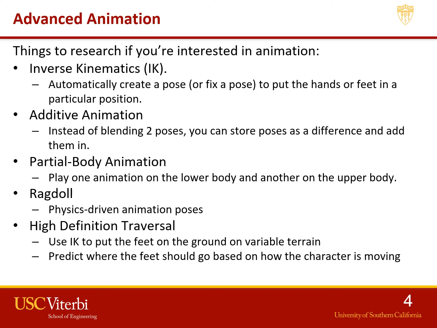Another idea, and this one's actually mathematically very simple, is called additive animation. Additive animation just means that instead of doing a linear interpolation between two poses, we could store the additive animation as a difference between the base animation and the varied animation.